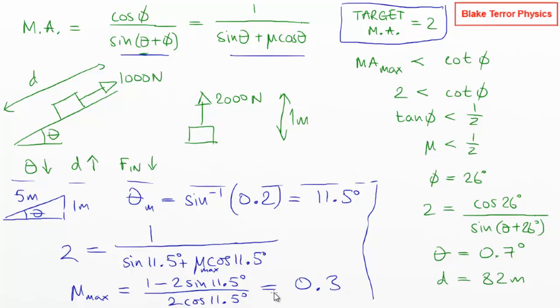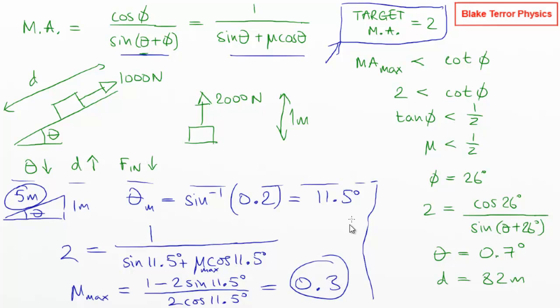So you can see how this is different to everything that we've done from a pure physics point of view. We're solving problems from an engineering point of view. We've got a target mechanical advantage of 2. We've got a limitation of a 5 meter plank. That's now given us another limitation on how much friction we can have.